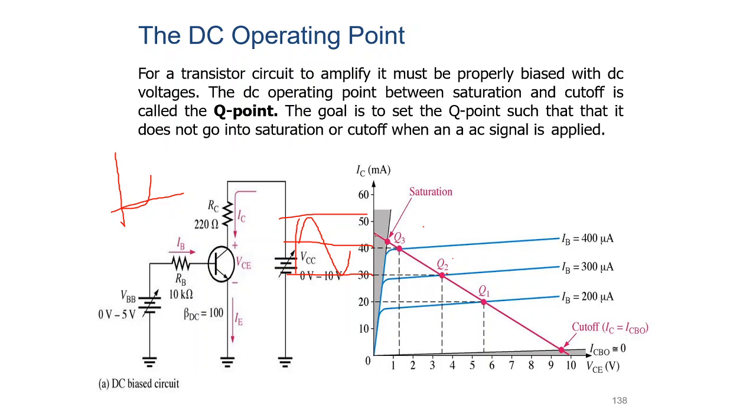In that case, we have to choose the midpoint in order to avoid distortion of the signal. We calculate where it touches the x-axis, where it touches the y-axis, and then the midpoint. That midpoint we choose as the Q point.